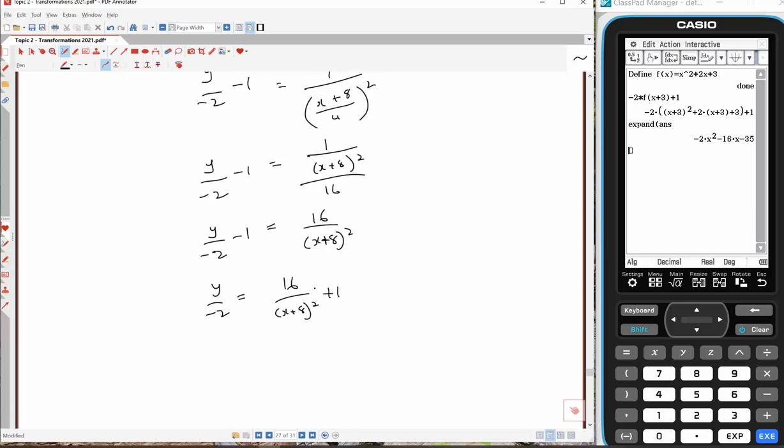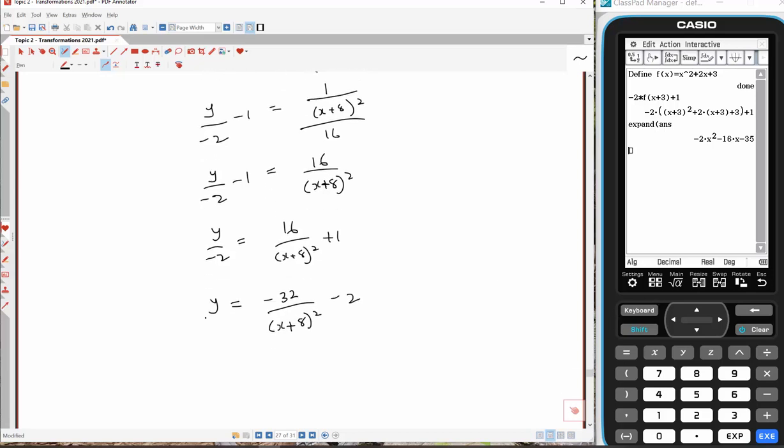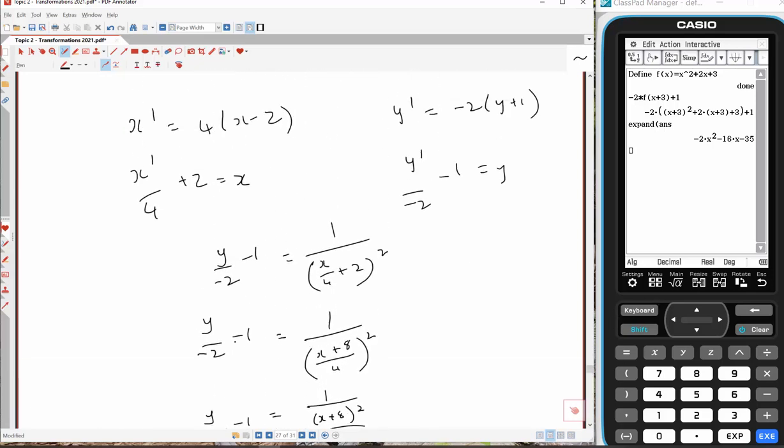And then we're going to multiply both sides by negative 2, so y equals negative 32 over x plus 8 all squared, take 2. All right, and there is my resulting function.